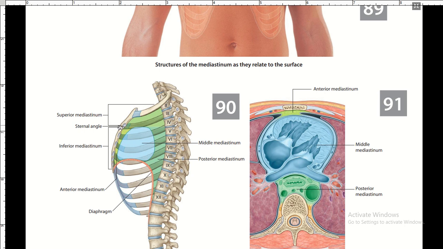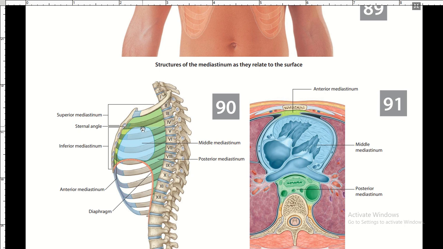Anteriorly it marks the manubriosternal joint, which is the joint between the manubrium and the sternal body, and it's also going to mark the second costal sternal joint, of the second rib. And then it's going to mark also the bifurcation of your trachea. So the trachea bifurcates at the level of the sternal angle.